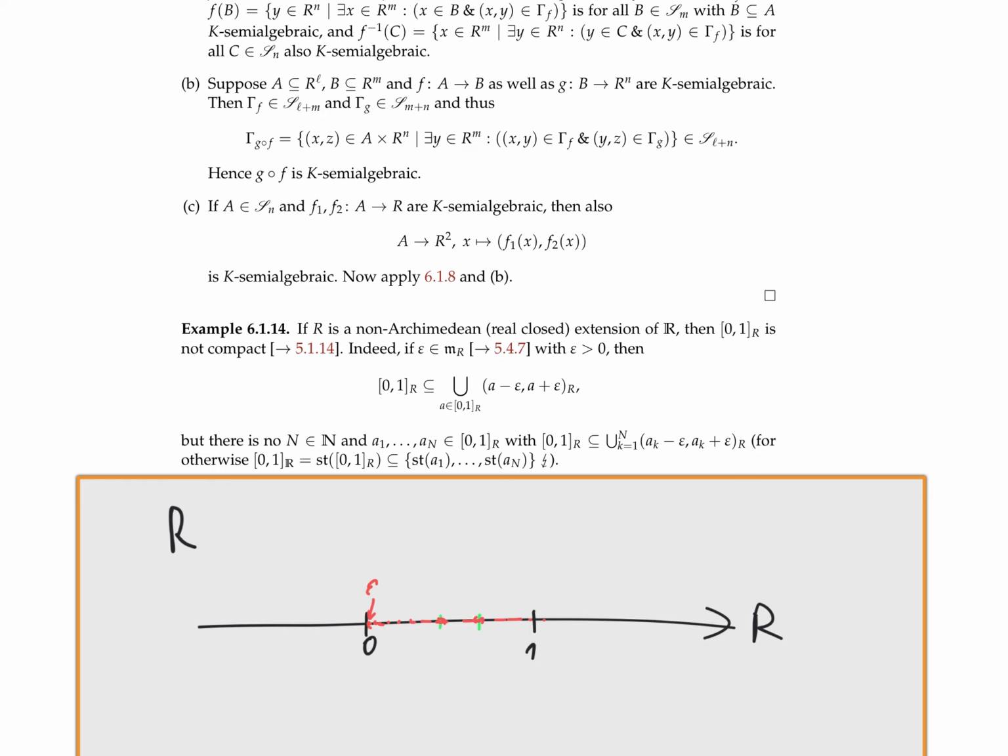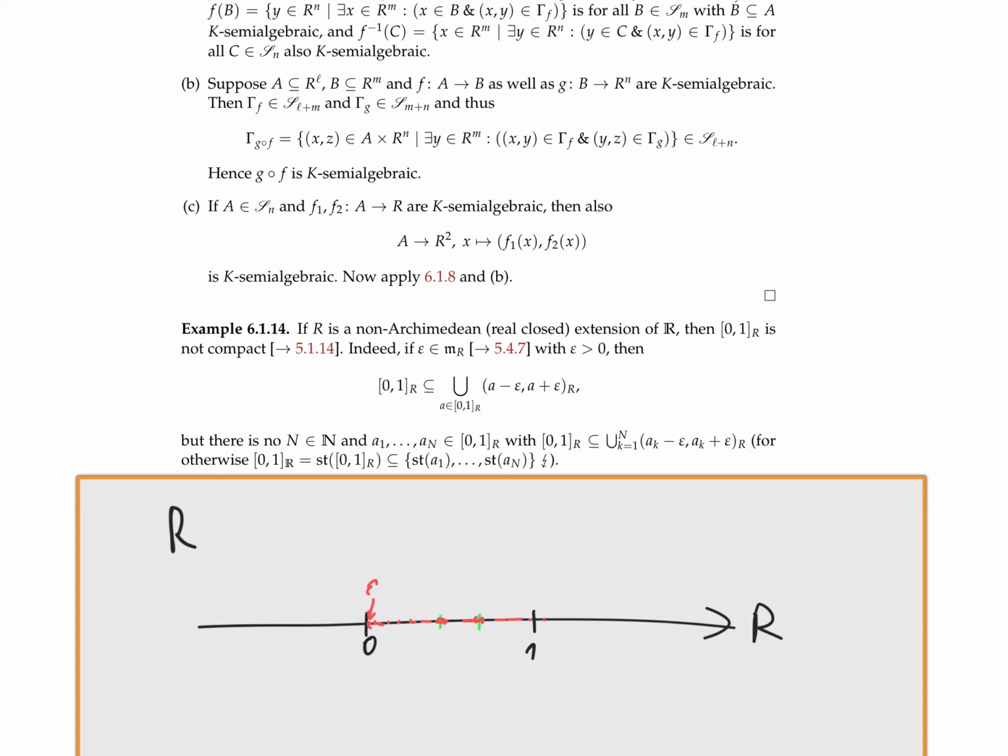Okay, so this interval is not compact with respect to this topology we had introduced, the order topology on R. So that means perhaps that the topological notion of compactness is of limited use, probably very limited use.